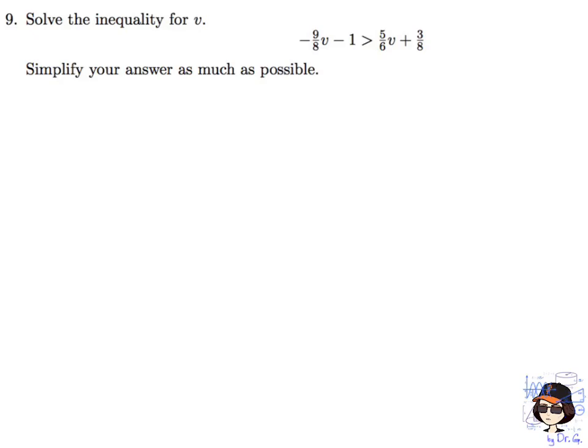So we get rid of the fractions by multiplying both sides of the inequality by the LCD. So the LCD here is going to be 24. Both 8 and 6 go into 24, and that's the smallest number that they both go into. So now let's take that inequality and multiply both sides by positive 24. So I'm writing it out.